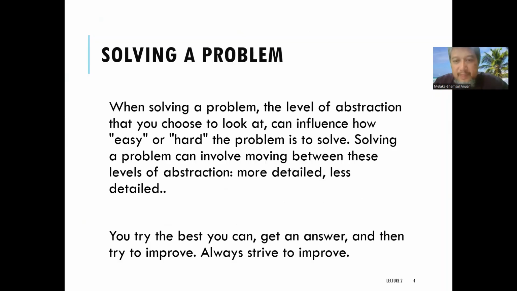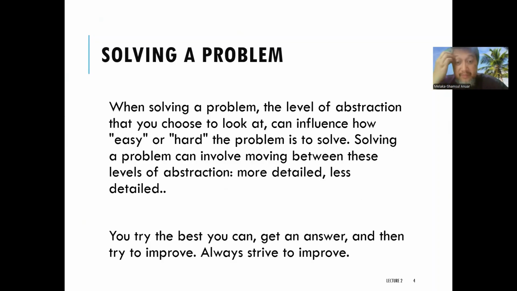When you solve a problem, the level of abstraction that you choose to look at can influence how easy or hard the problem is to solve. Abstraction, that's a big word. You got to find out what it means. Because some problems are open-ended and it's up to you to make it as simple as you want or as complicated as you want.